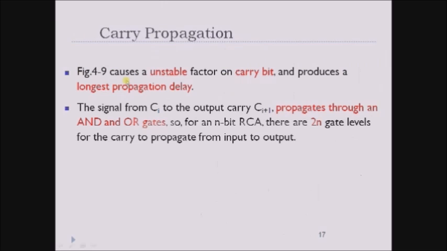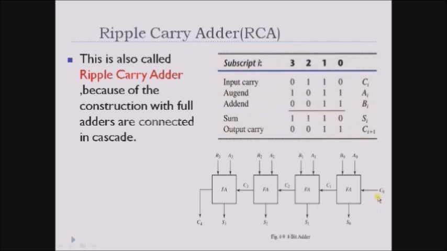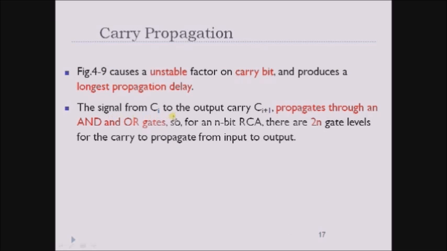It causes an unstable factor on the carry bit and produces the longest propagation delay. As I just said, the signal from Ci to the output carry Ci plus 1, for example when i equals 0, Ci would be C0 and Ci plus 1 is nothing but C1, propagates through AND and OR gates, as we know that a full adder is made up of AND and OR gates.